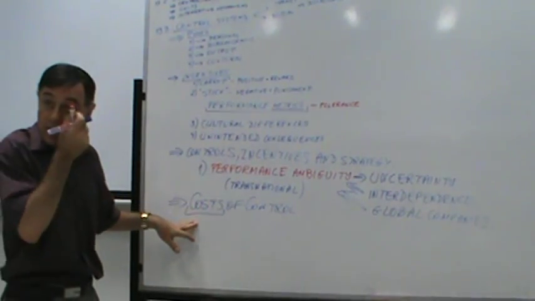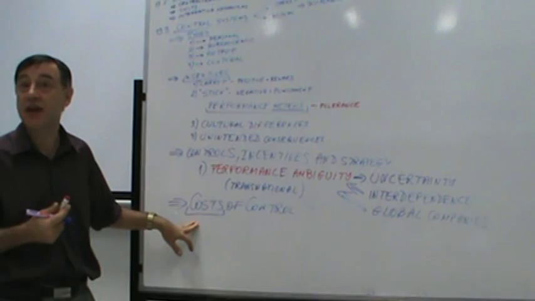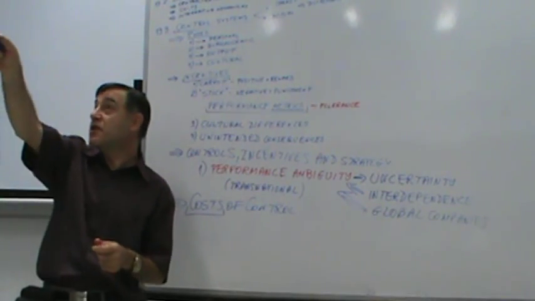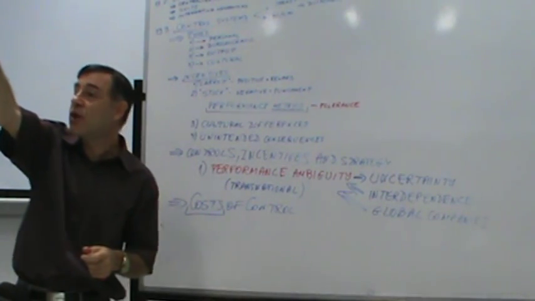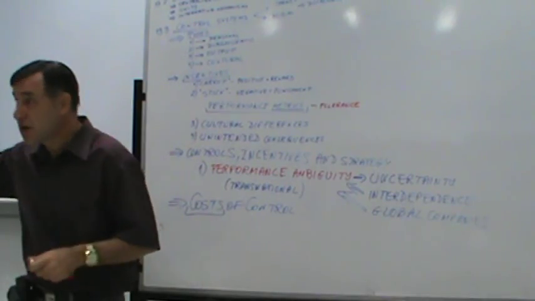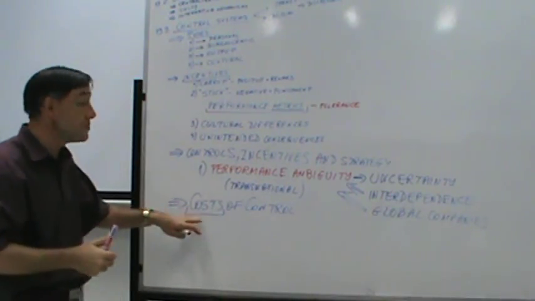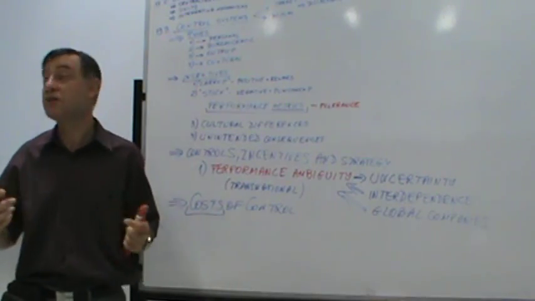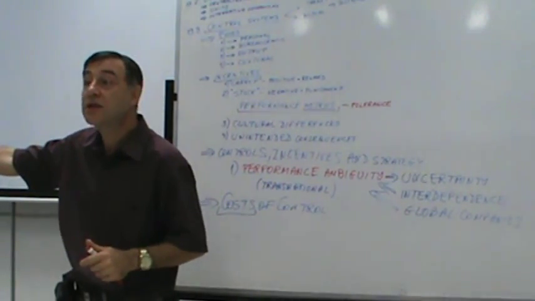But of course, control systems sometimes have direct costs, like putting a little camera over there just to see who's coming in and who's going out. A simple control system is being afraid someone might just steal the monitor.